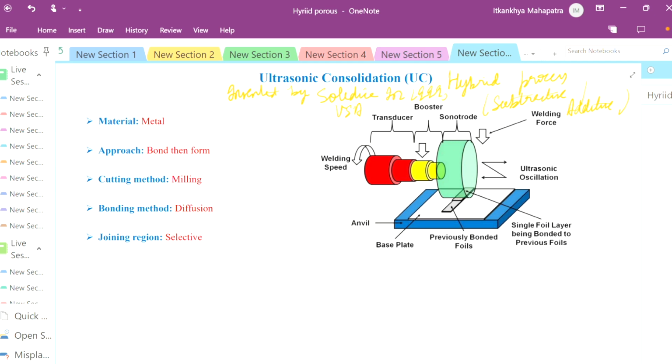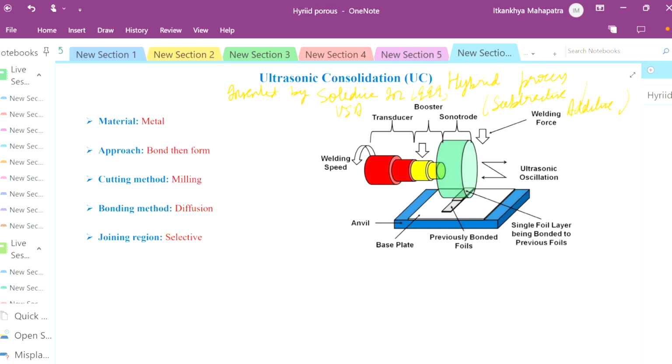In some cases it works similar to your ultrasonic welding process. That is why it is also known as ultrasonic consolidation. This process was invented by Solidica in 1999, and in 2011, because it is similar to the building process, this company joined hands with another company, and they commercialized the product.